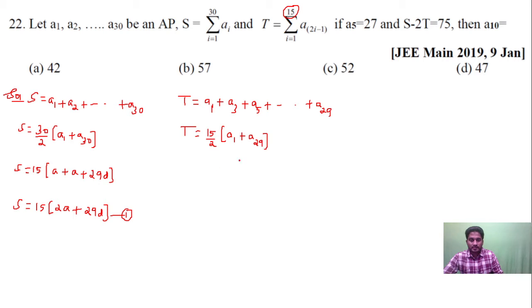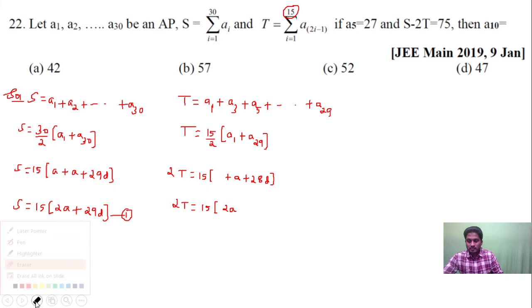You cross multiply 2, you get 2T is equal to 15 into. First term is a, and a29 will be equal to a plus 28d. So 2T is equal to 15 into 2a plus 28d. Call this equation 2.